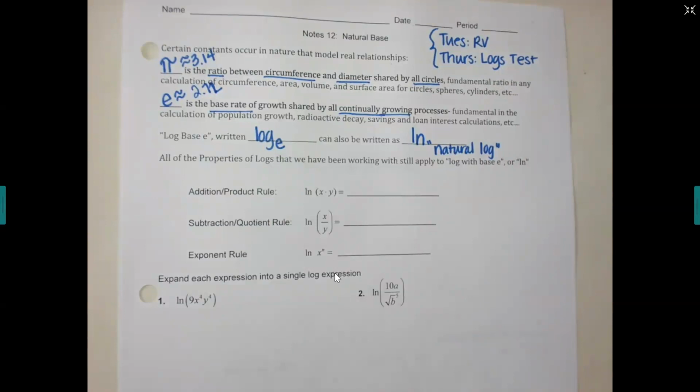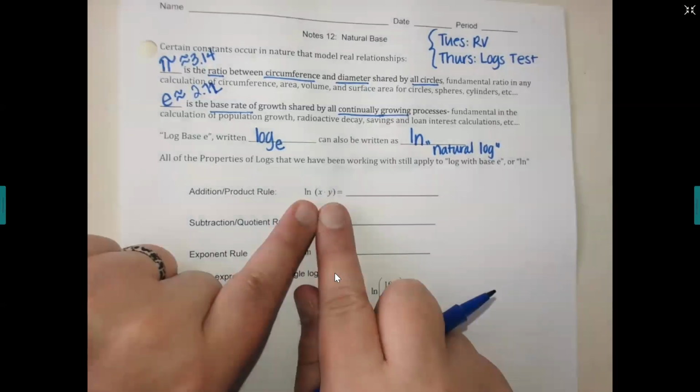So the good news for you, and the reason that we can wrap this up in one page of notes, is because everything that you learned about logs also applies to natural logs. The only difference is natural log has that odd little E base, but all the same rules apply. If I have a log of something times something, how can I separate them? With plus or minus?